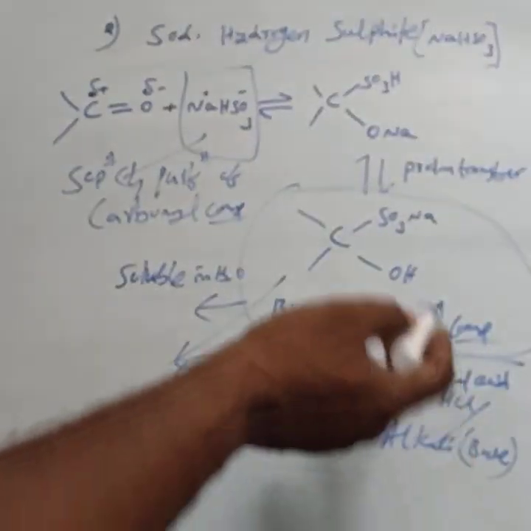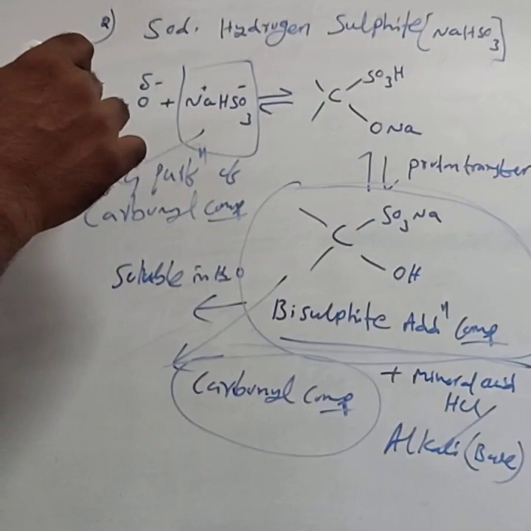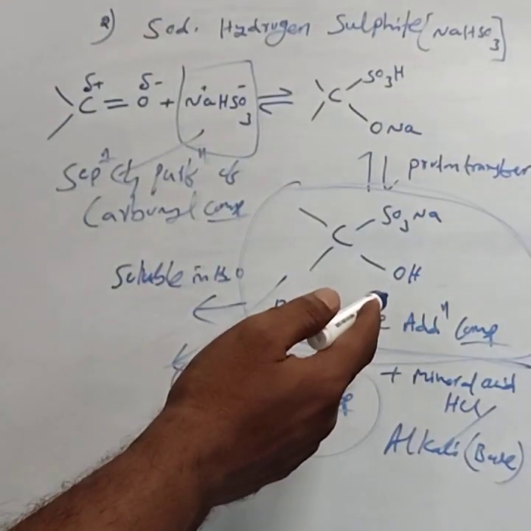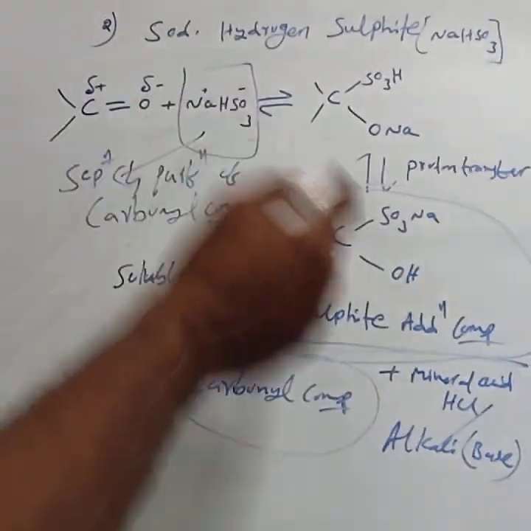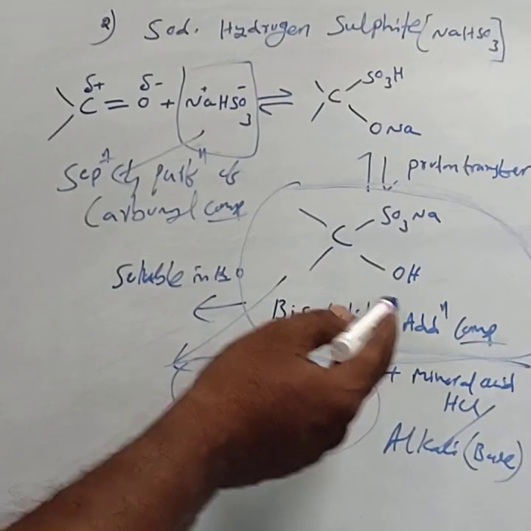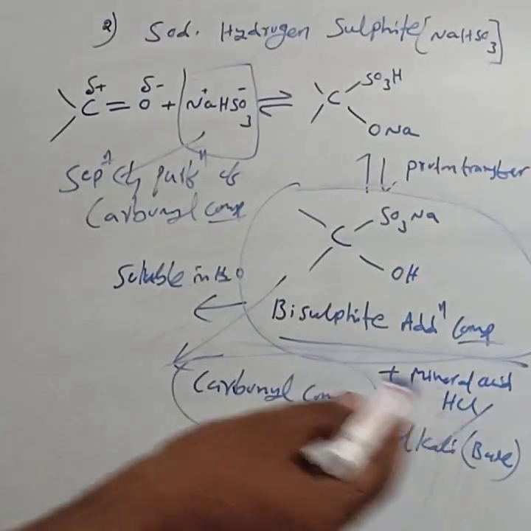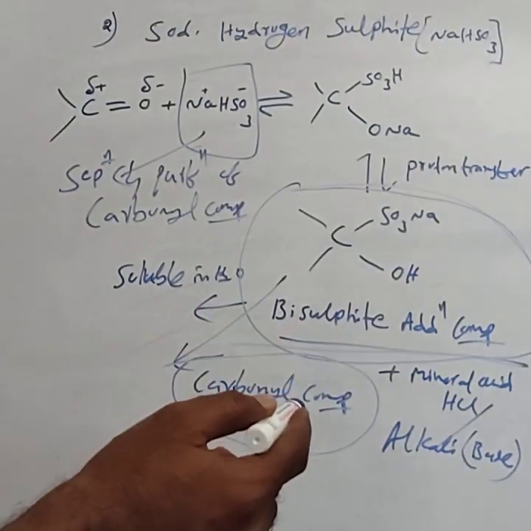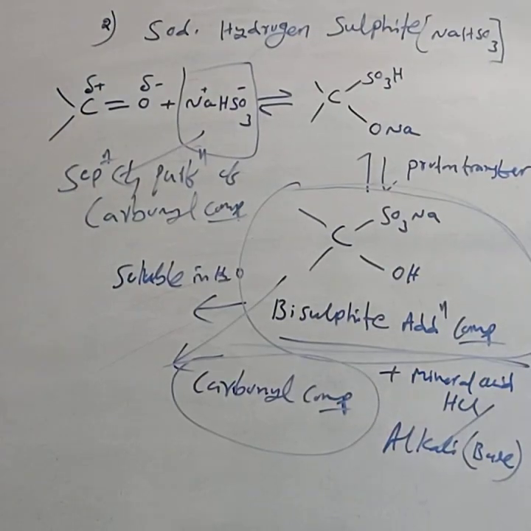But impurities do not form the white solid. Only the carbonyl compound forms the white solid with sodium hydrogen sulfite. The white solid is separated by filtration and then treated with mineral acid or alkali, regenerating the carbonyl compound. Hence, sodium bisulfite is used for separation and purification of the carbonyl compound.